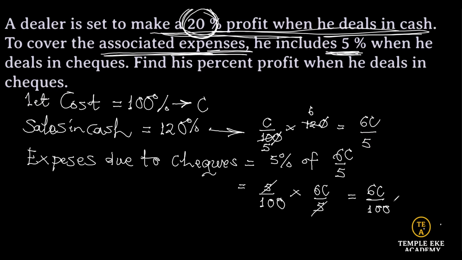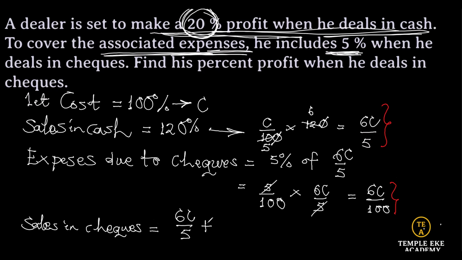Now we can find the new sales in checks. Sales in checks is going to be the original sales in cash added to the expenses that we have. So the new sales in checks will be that original value, 6C on 5, added to 6C on 100.